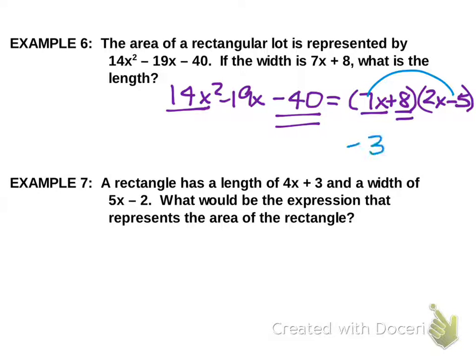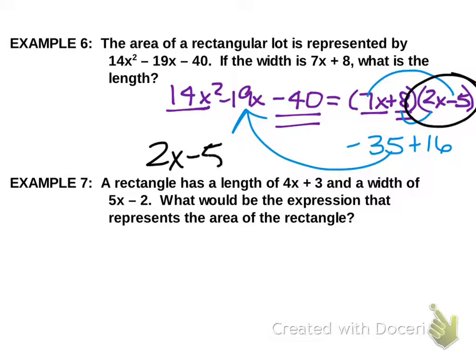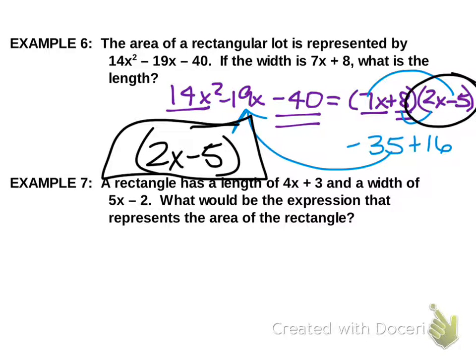So we have negative 35 plus 16. That does get you to negative 19. So what is the other length of the side? It's going to be this factor here, 2x minus 5, answering exactly what they wanted in the length. It's given the width. Again, those two are interchangeable. It could be the length or the width.